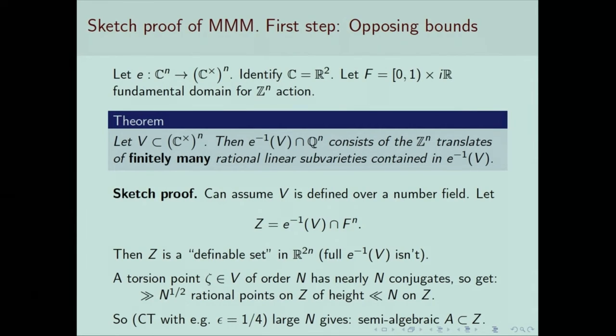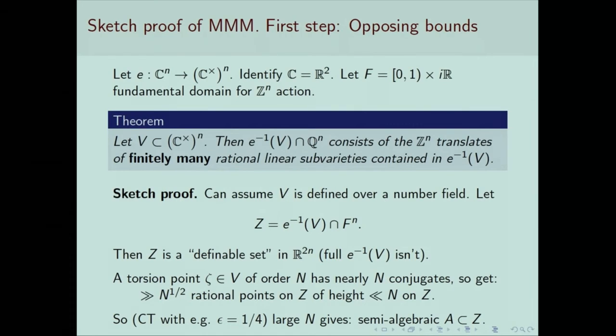And this set is definable in an O-minimal structure. So we'll see that, although it's not of the form that I described. The full pre-image isn't definable, but everything that happens inside the fundamental domain is. After that, it just repeats.